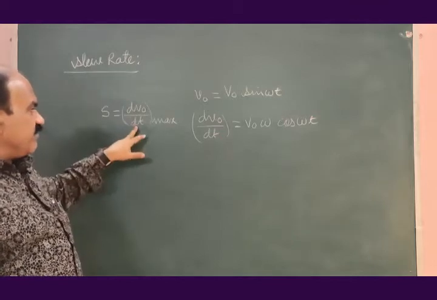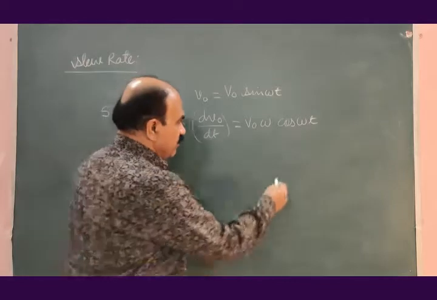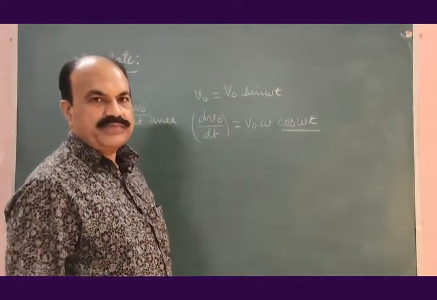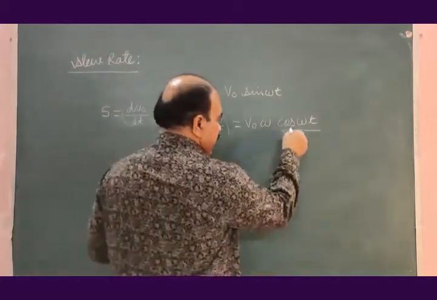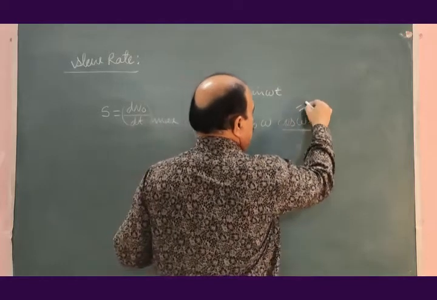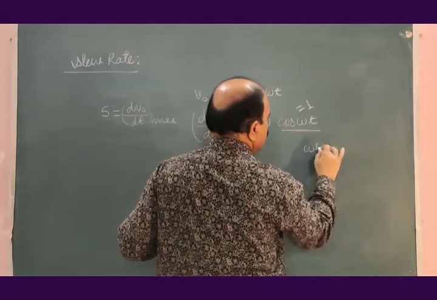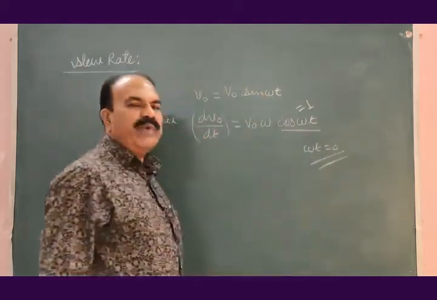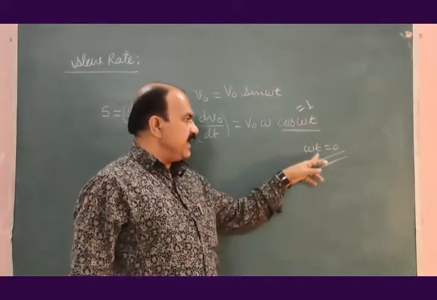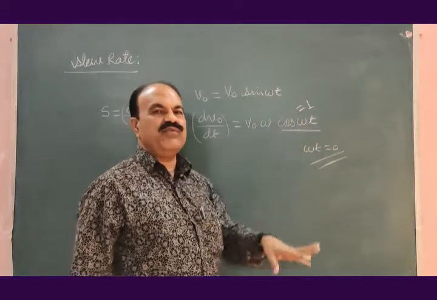For this to be maximum, cos omega t should be unity, which happens when omega t is equal to 0. If t is 0, omega t is equal to 0, cos omega t is equal to 1.